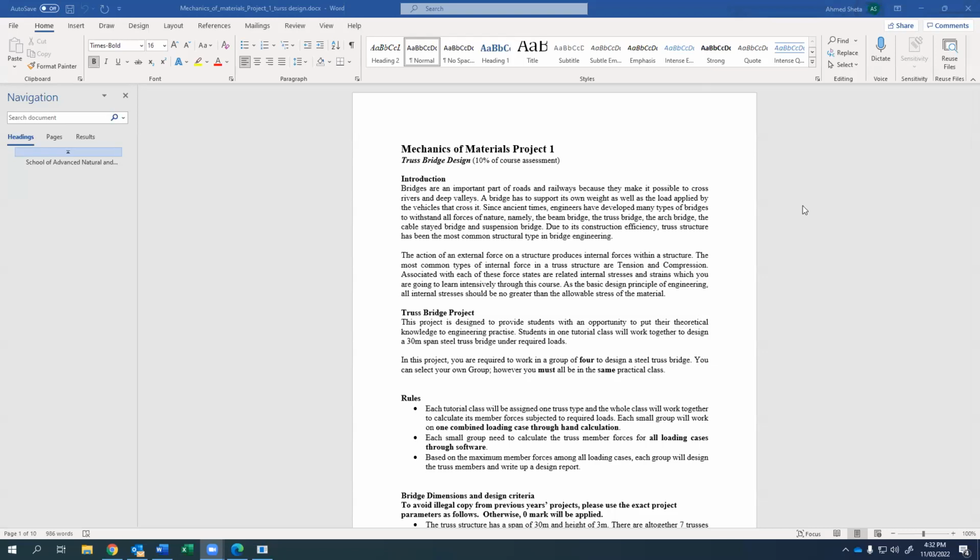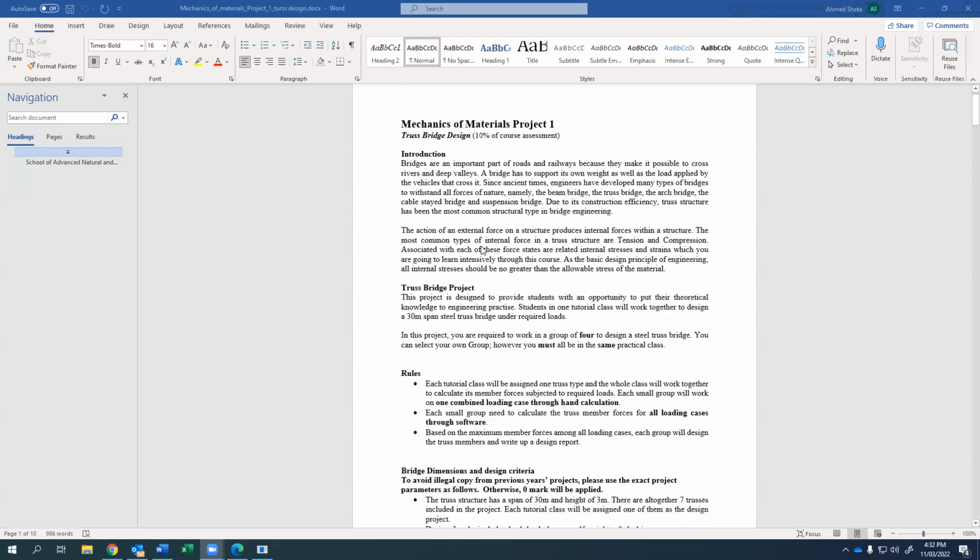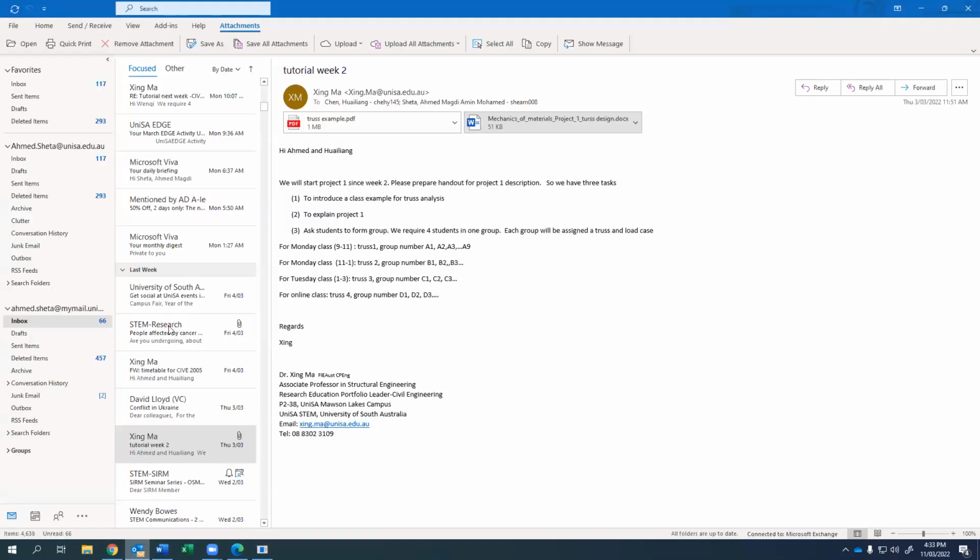This is a group project. Again, a truss project. We will do like some trusses. Okay, so I think you have this. You can find this one on the website, or I will send you by email. Okay, I will send it now to you, so everyone has it with him.